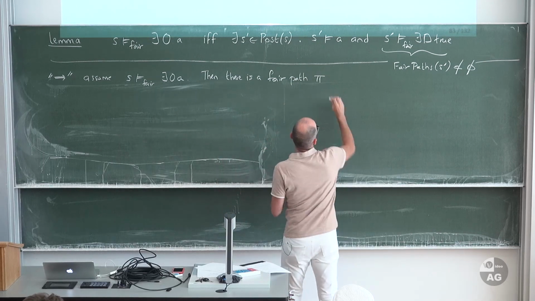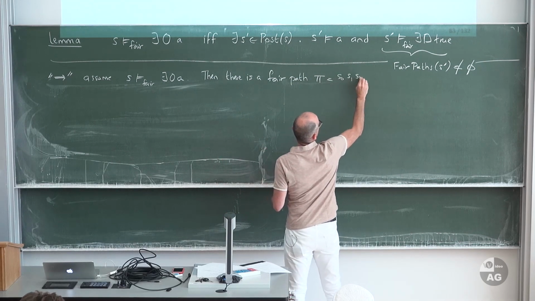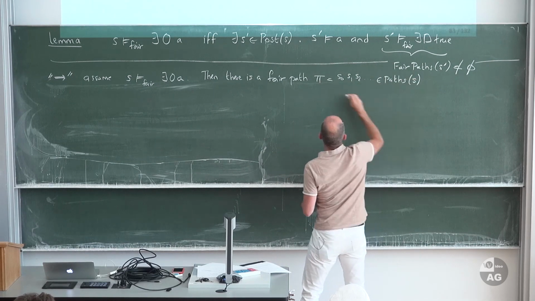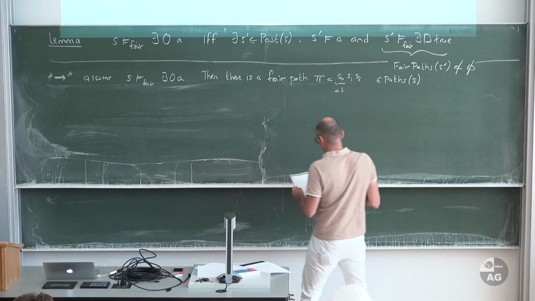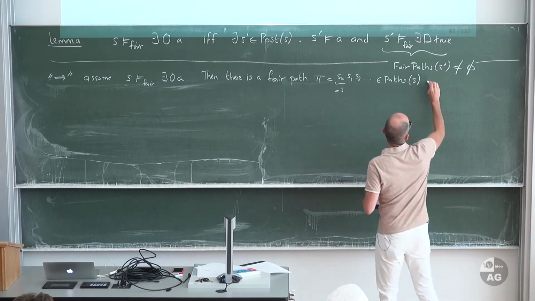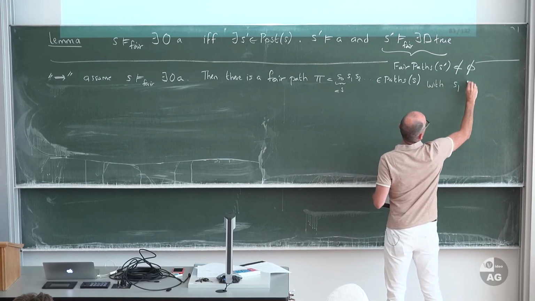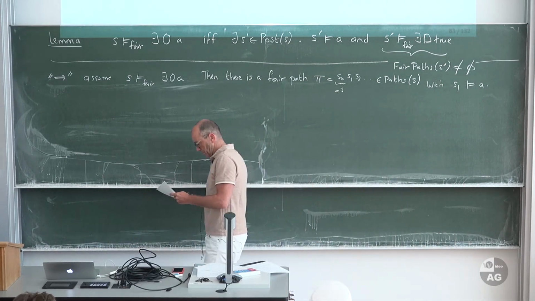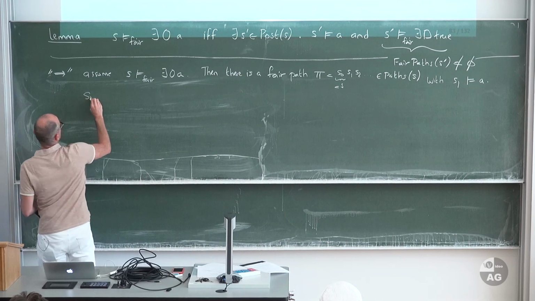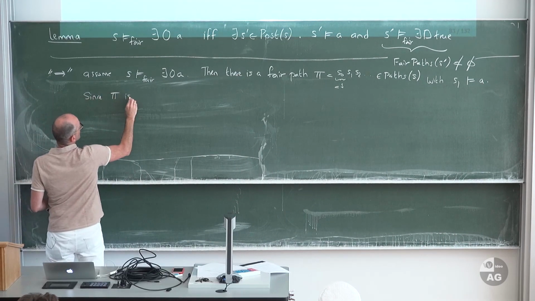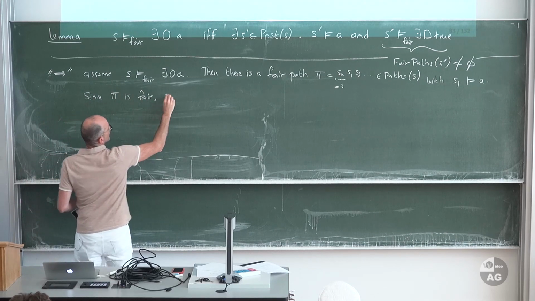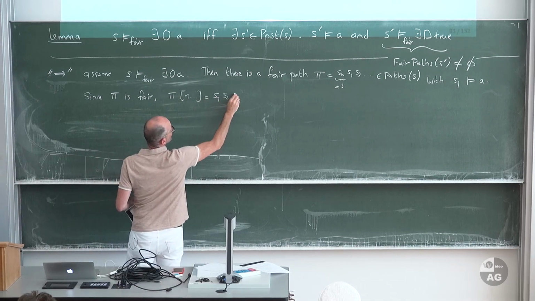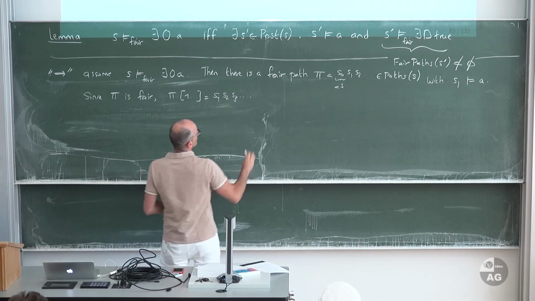pi starting in that state, so S0, S1, S2, starting in S, so that means that S0 equals S, with S1 being an A state. Since pi is fair, the path starting from 1, which is the path S1, S2, S3, so the suffix of pi, is also fair.